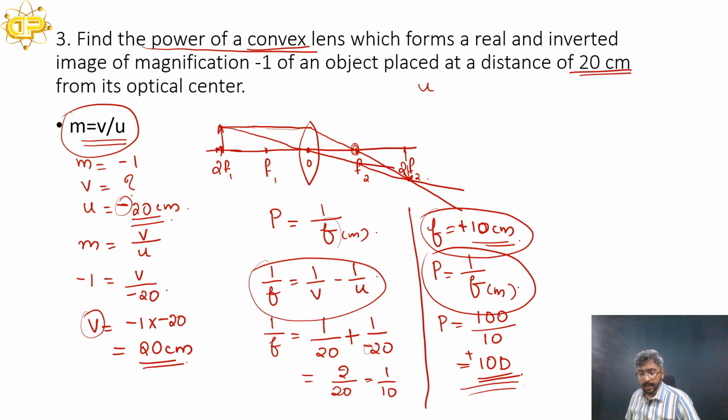I hope you got the basic ideas of how to find the power of a lens, given only the magnification and one of the values, whether object distance or image distance. Sometimes instead of the object distance you will be given the v value, and you need to find it out. So you need to rearrange these things. You can get the basic ideas from the previous videos.